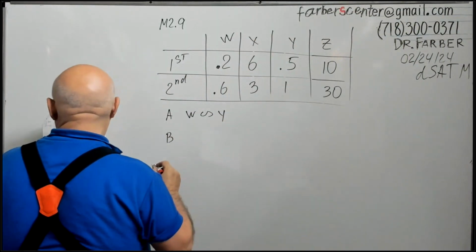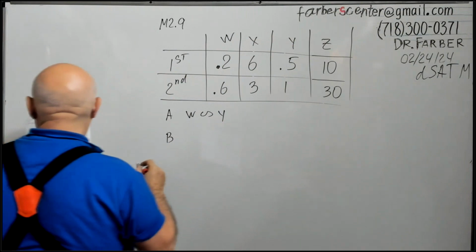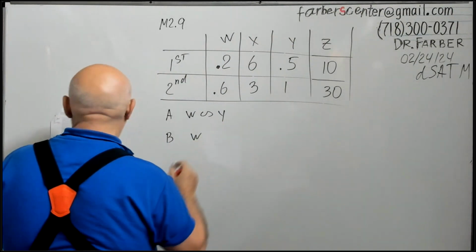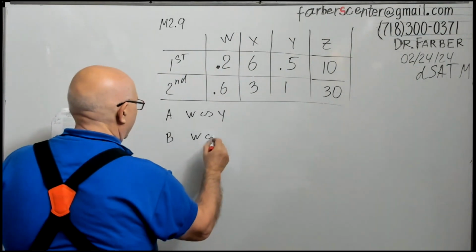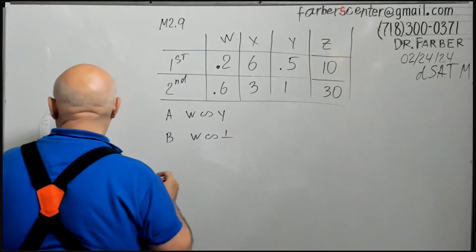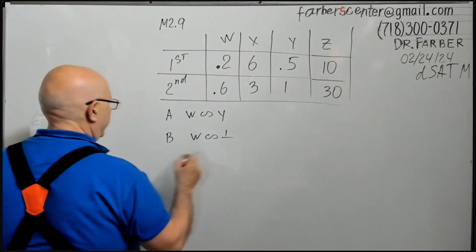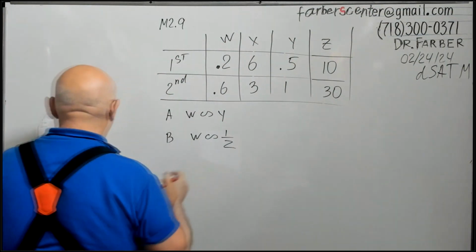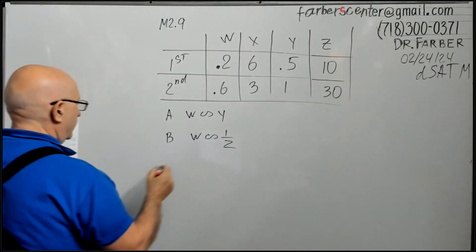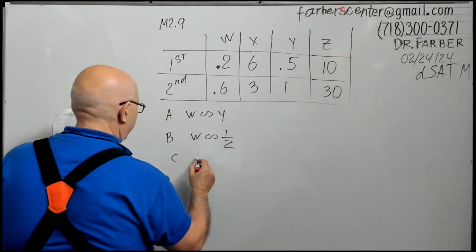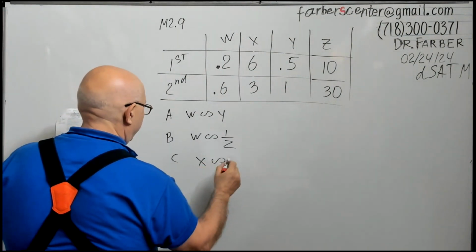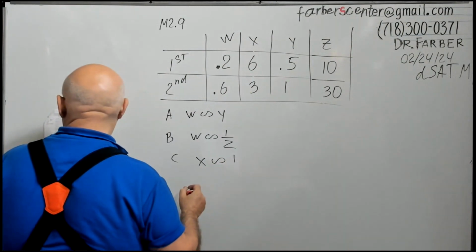B, W inversely proportional to Z. I just write multiple choice short. C, X inversely proportional to what?